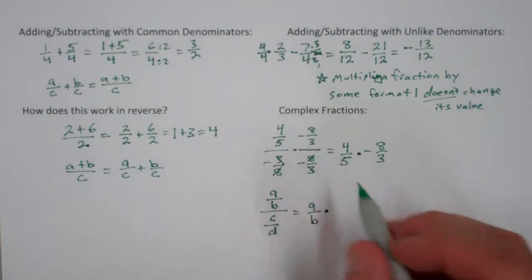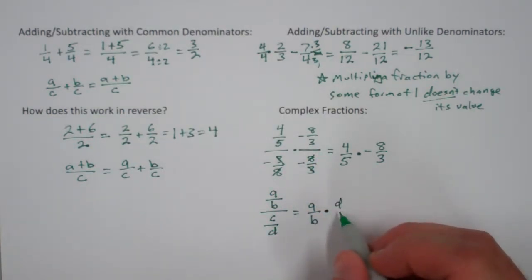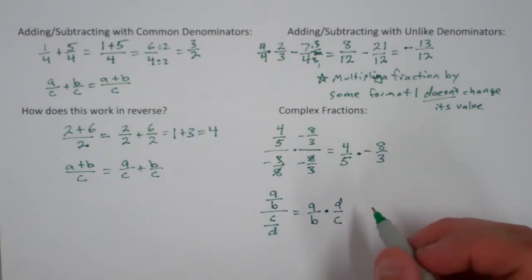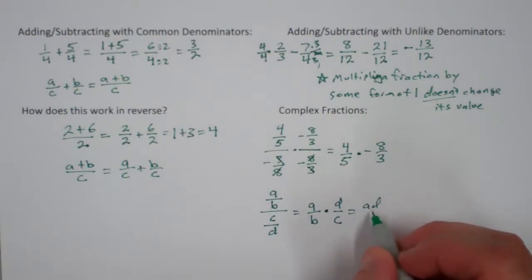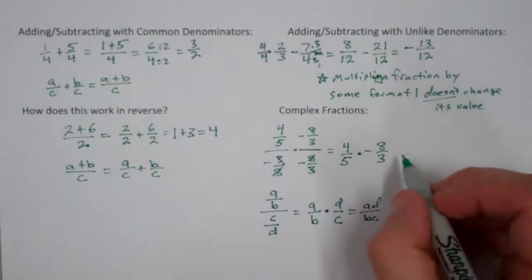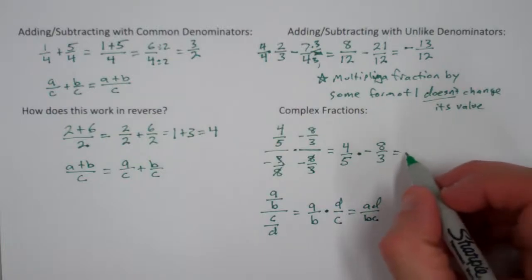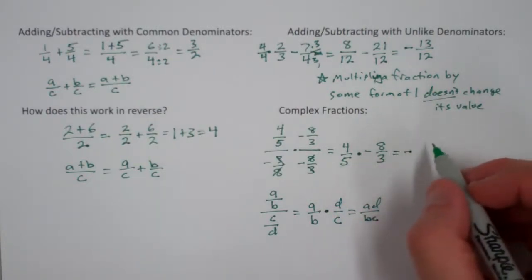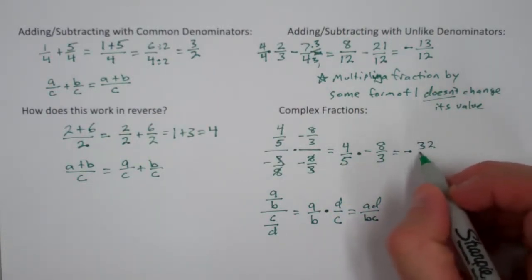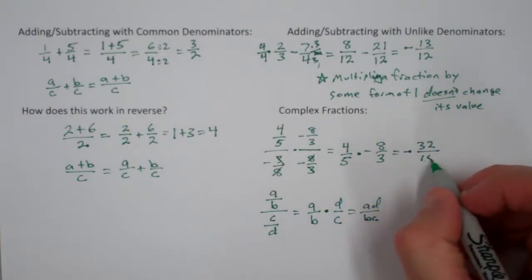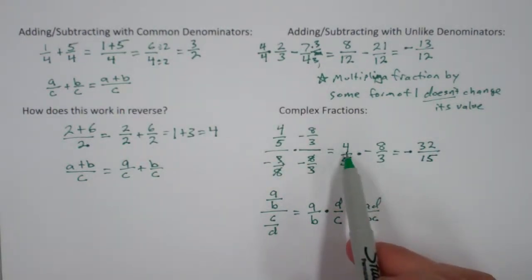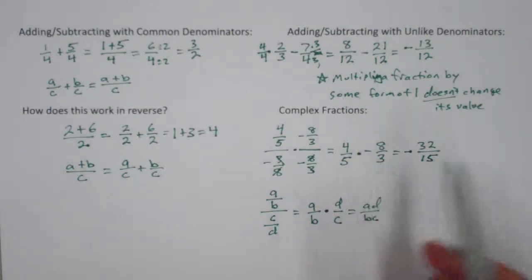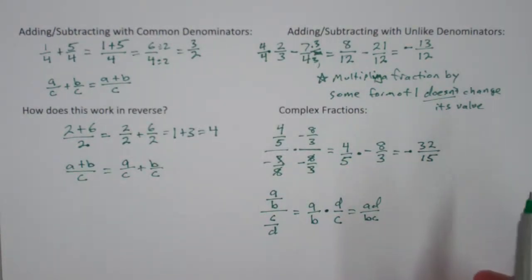And you can see here why that works. That'll be d over c, which is just ad over bc. So we know that a positive times a negative is a negative. 4 times 8 is 32. 5 times 3 is 15. And if you look here in the numerator, we've got factors of 2, and then 5 and 3 aren't divisible by 2, so neither is 15.